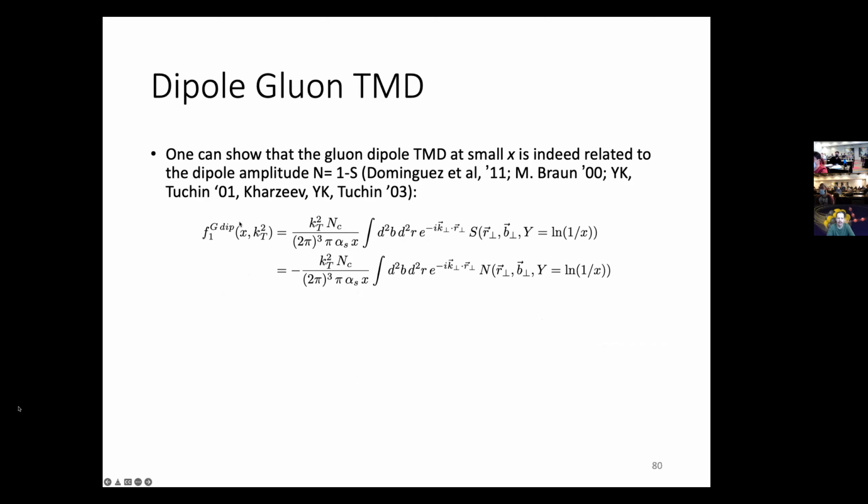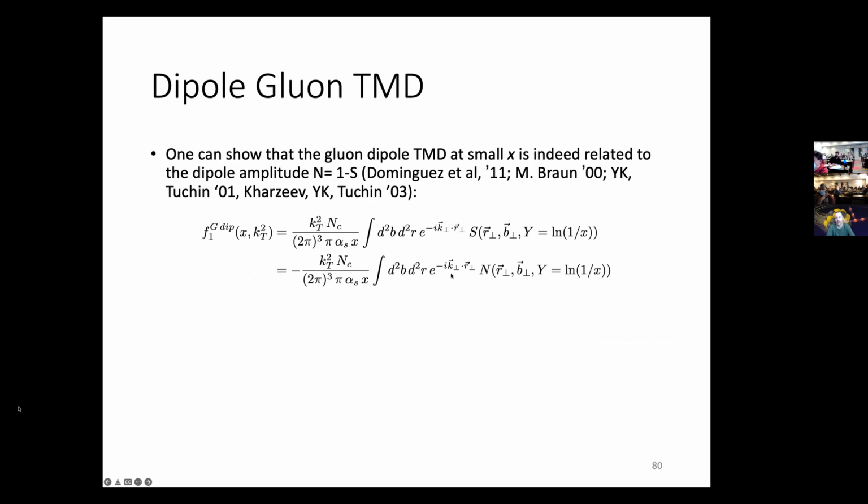Namely, at small x, this dipole TMD can be written as just a Fourier transform of the dipole amplitude N, which we spent all this time discussing in both of my talks. So if you're interested in x dependence of this TMD, you just need the x dependence of the dipole amplitude, which you Fourier transform into momentum space.